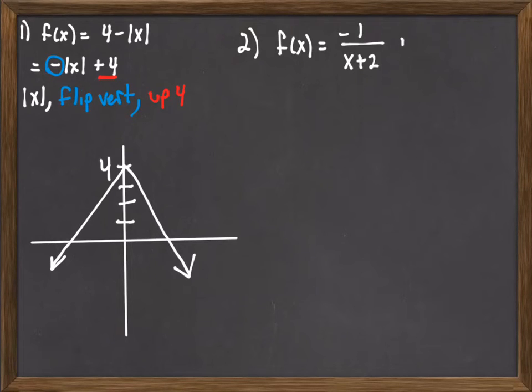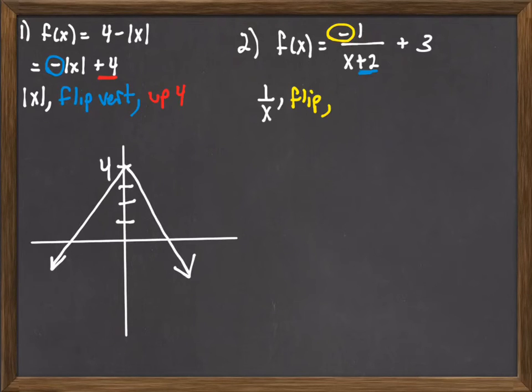And then the last one involves the 1 over x graph. Again, this is when you're flipping them, probably the one that gives people the most trouble. So again, we start to decode what we have. It's a 1 over x graph. First thing we spot is the negative sign. Remember, the negative sign is going to cause it to flip. And because we're only doing flipping vertically, we can just say flip.